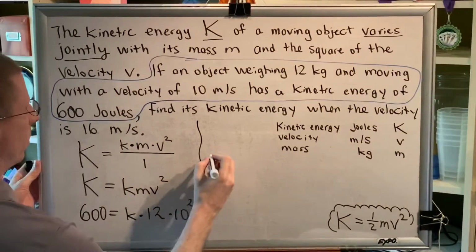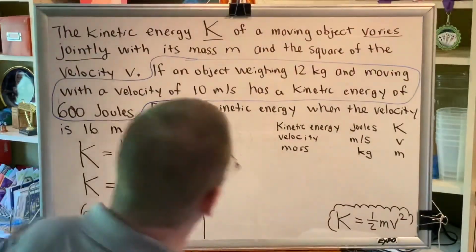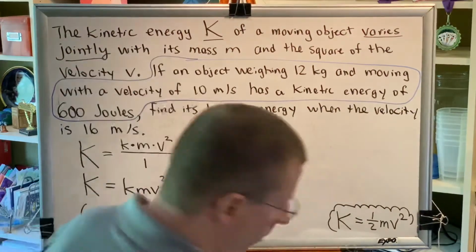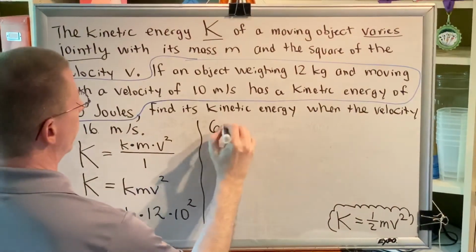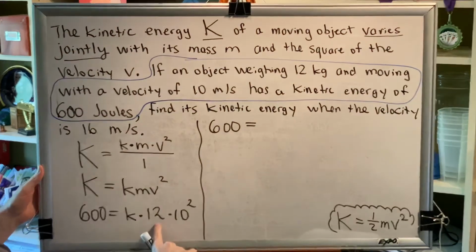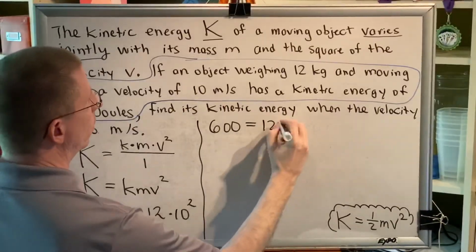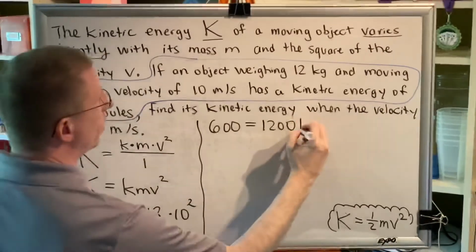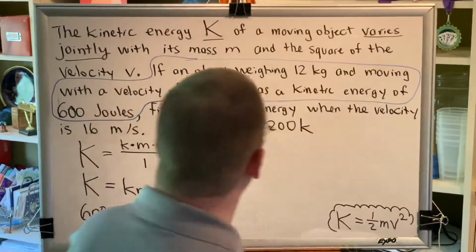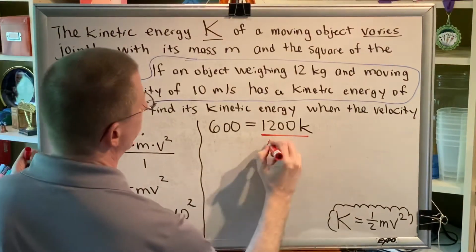So I get 600 equals 10 squared is 100, times 12 is 1200, times little k, would be 1200 little k. Solve for little k by dividing by 1200 on both sides.